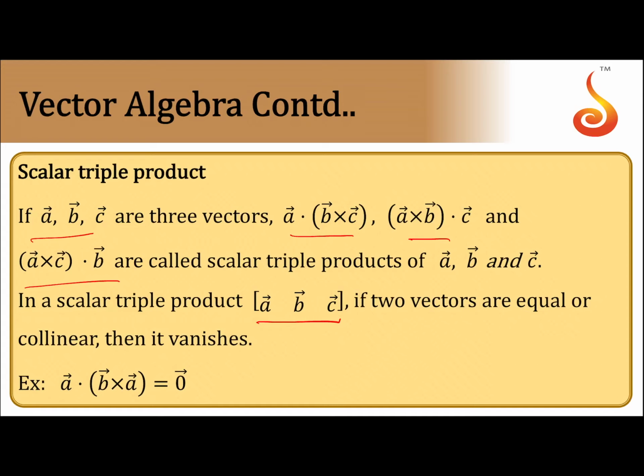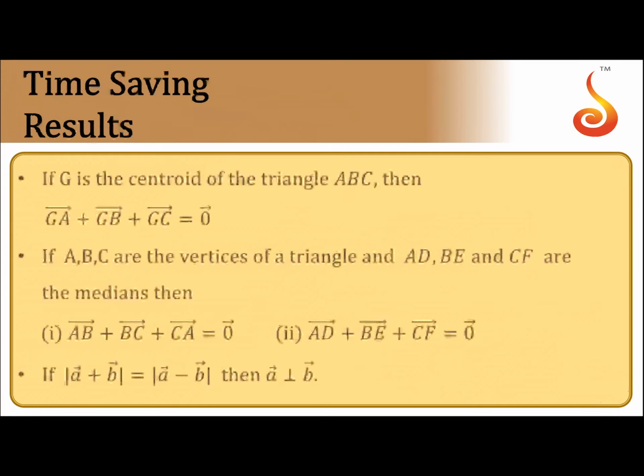And remember the point here: when any two vectors are identically equal, the box product will be 0. Of course, the box product being 0 is a necessary condition for the three vectors to be coplanar. When A, B, C are coplanar, then the box product is equal to 0.